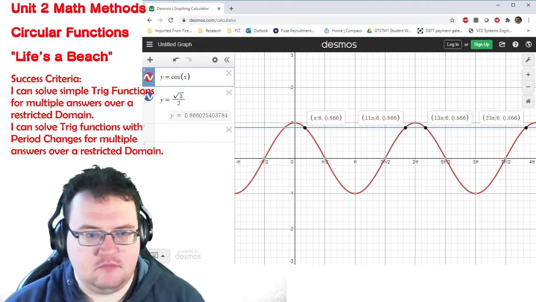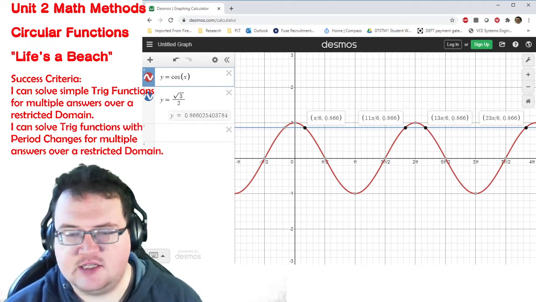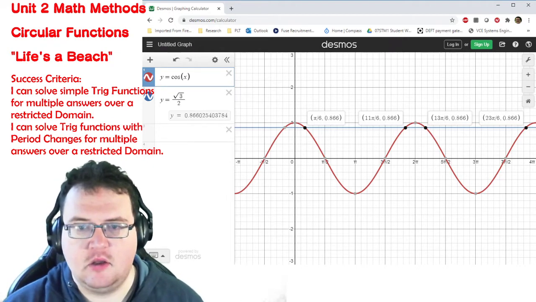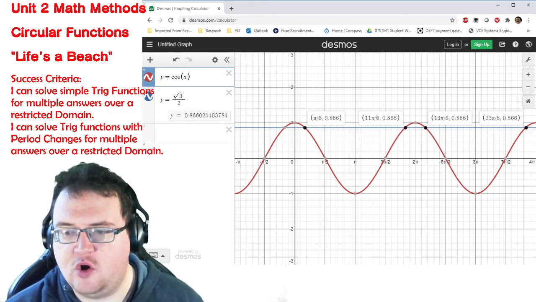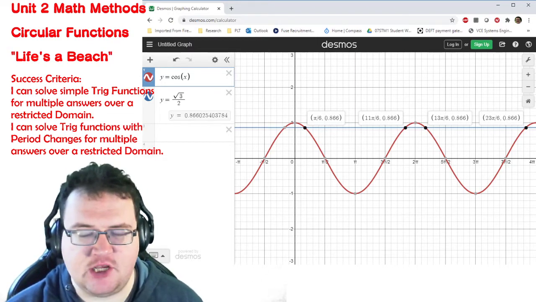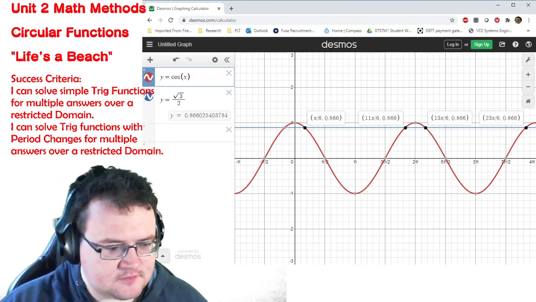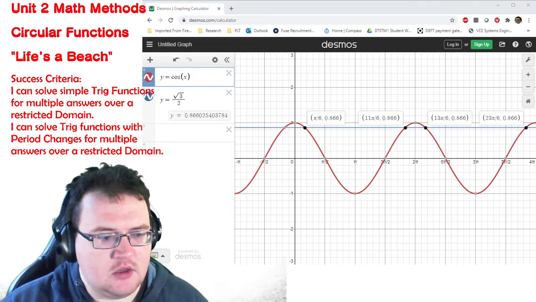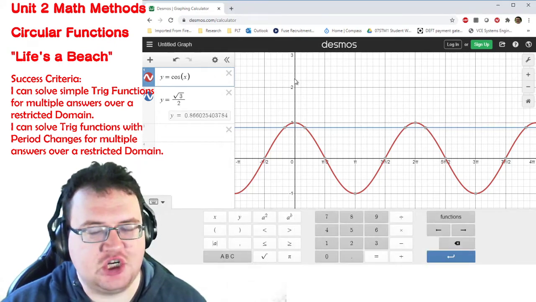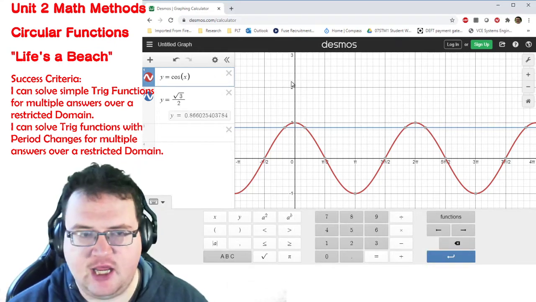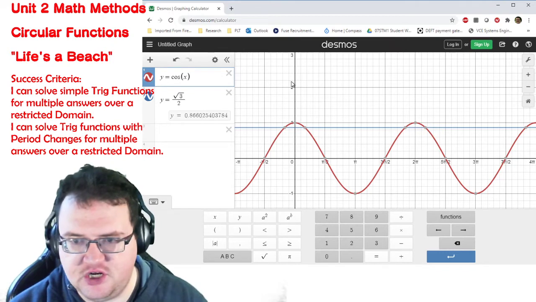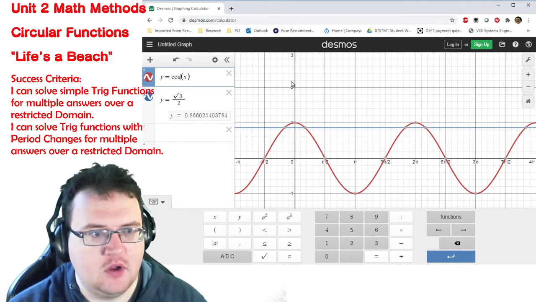Still involving amounts of pi on 6, pi on 3, etc. But you've got that. That's what you've got your symmetry properties and your exact values tables for. So, where it gets tricky is when we start putting in period shifts and amplitude shifts.